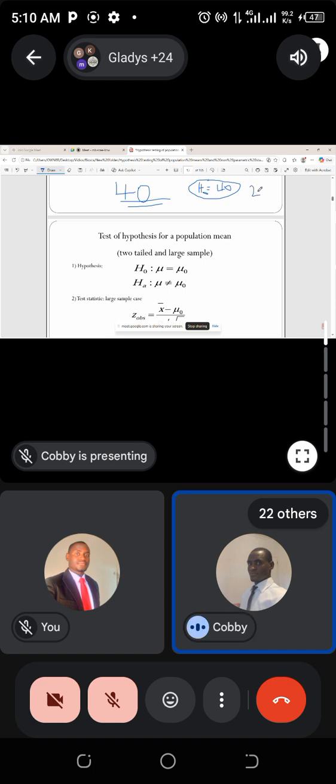Then if we are specific to say we want to know if the population mean is less than 40, this is a one-tailed test.